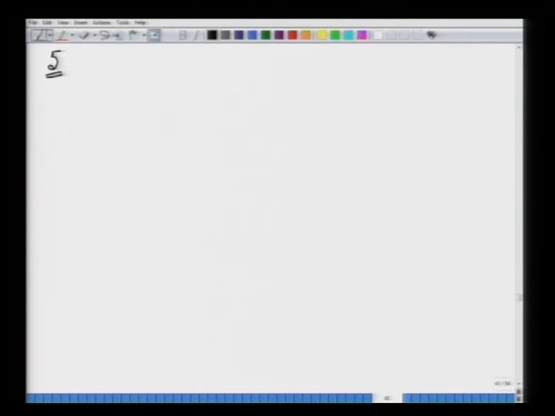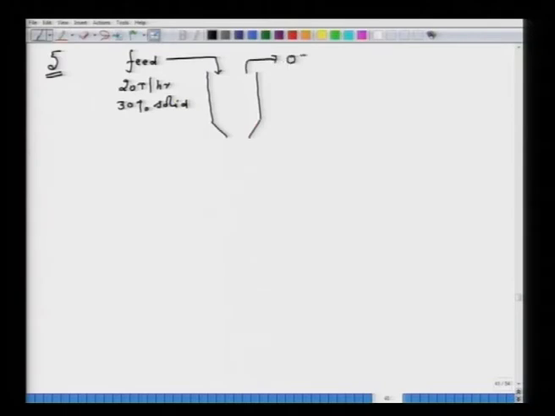Problem number 5 is a sort of hydrocyclone. We are having the feed which is 20 ton per hour, having 30% solid, and you have overflow which is 15% solid, and we have underflow which is 50% solid.